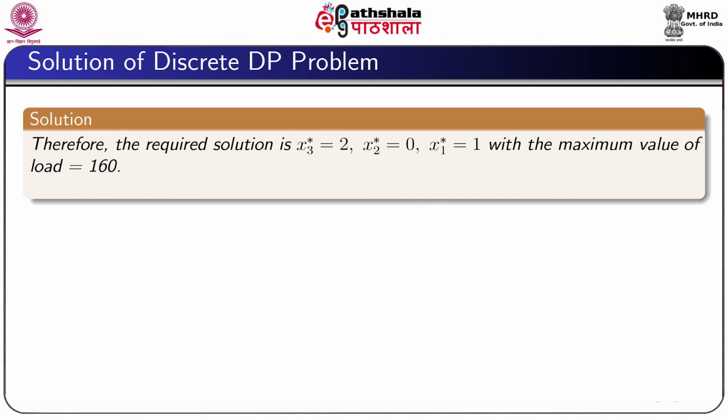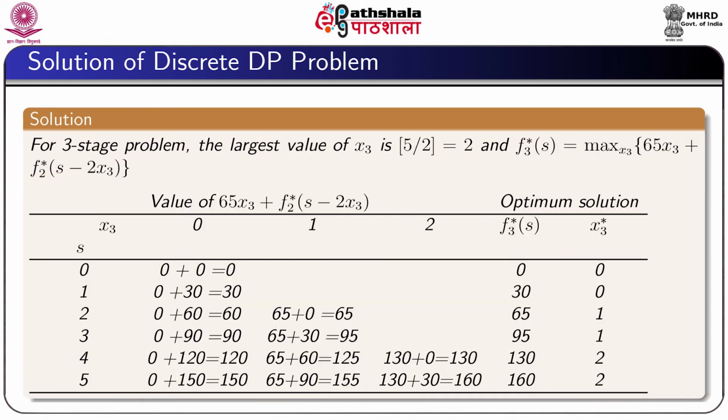From these results we see that the optimum solution has x3 equal to 2, which is obtained from the last table. From the last row, we see that x3 takes the value 2, giving the maximum value 160.